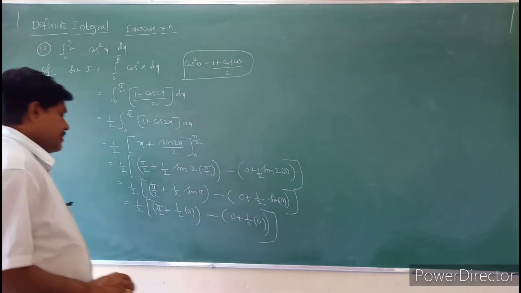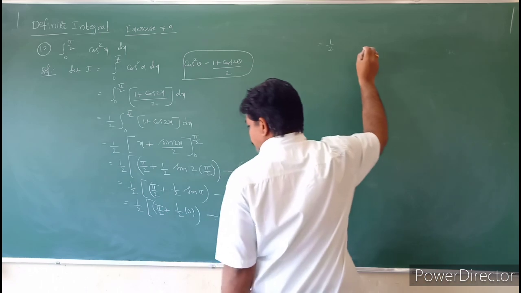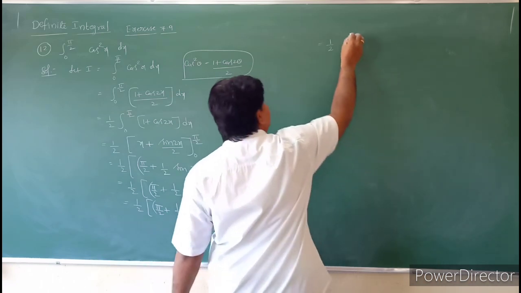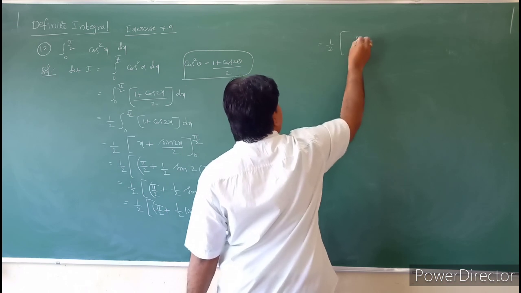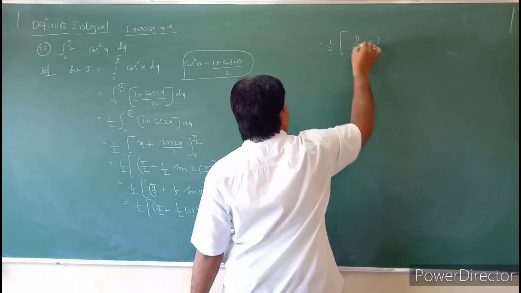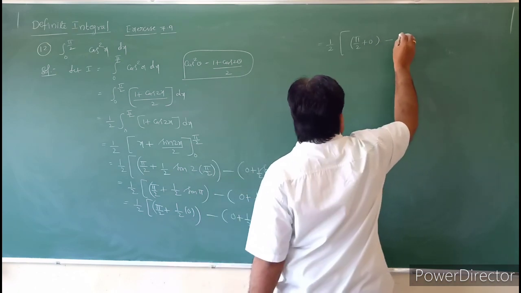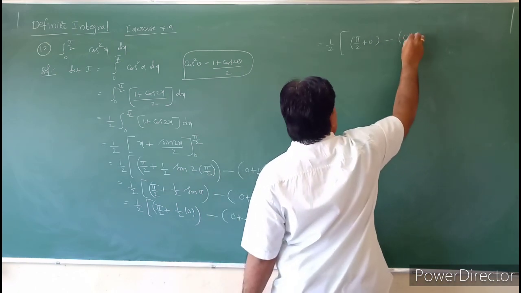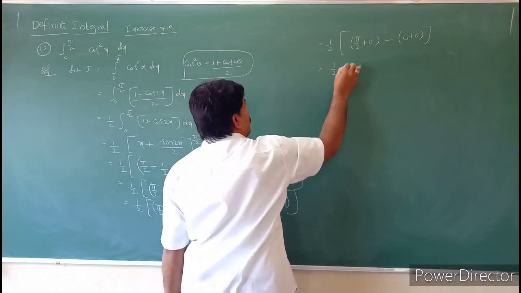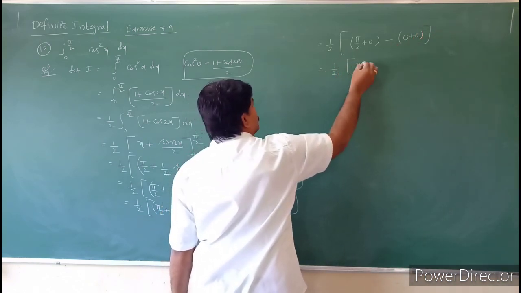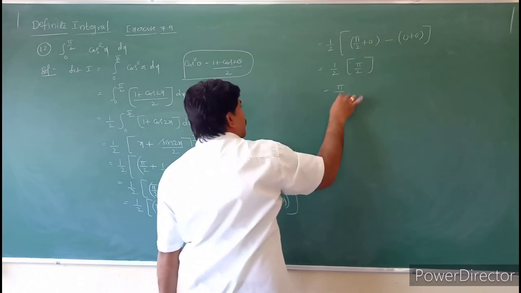So what we get, students, is 1 by 2 into pi by 2 plus 0, minus 0 plus 0. It becomes 1 by 2 into pi by 2. So the answer is pi by 4.